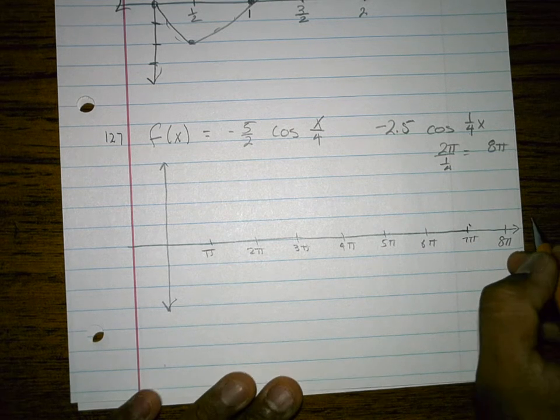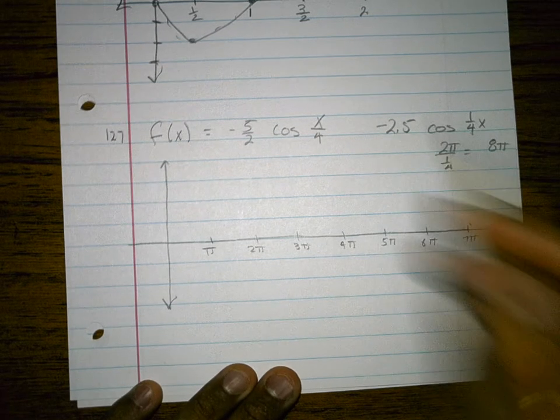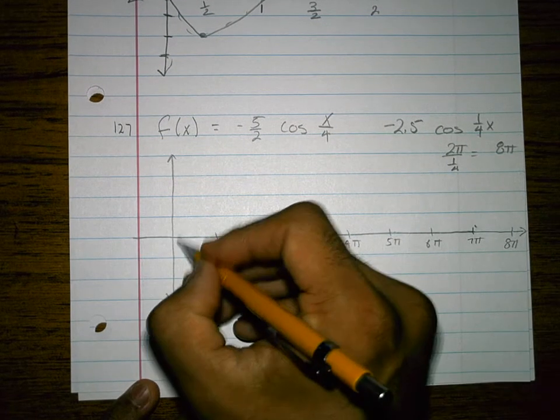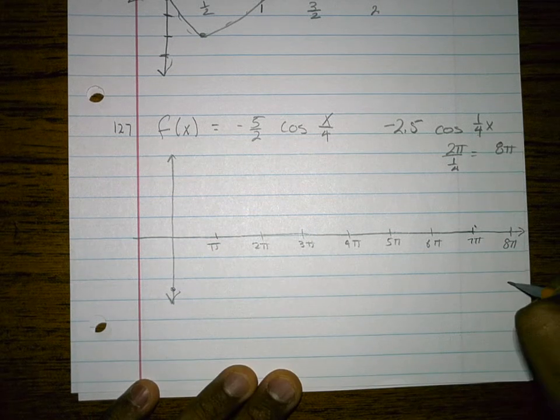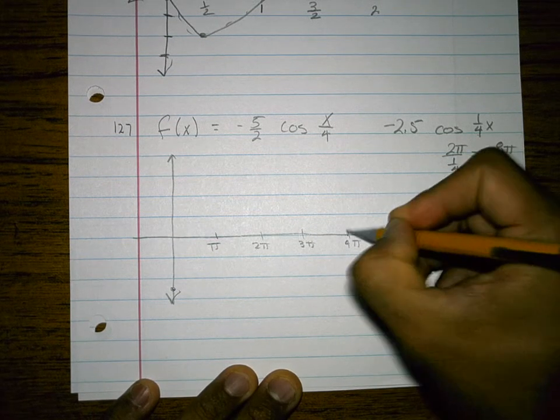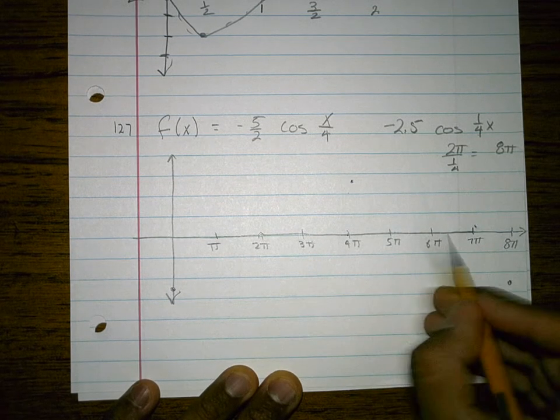Okay, so I'm going to start here at -2.5 for an amplitude. Here's 1, 2, here's a half right there, and I'm also going to end right there. Then for my middle, I've got to go up 2.5. I want to find the middle of those. That's my x-intercept.